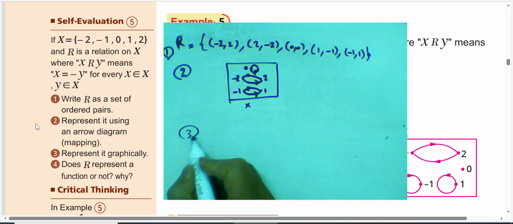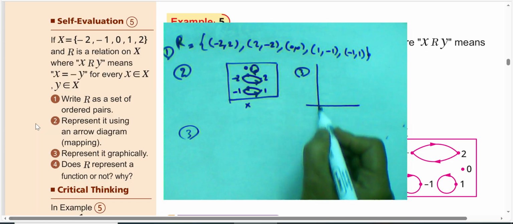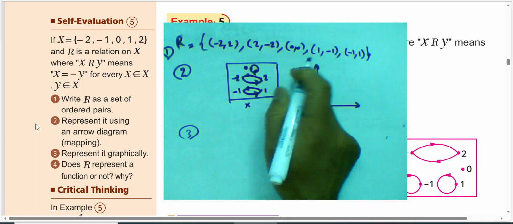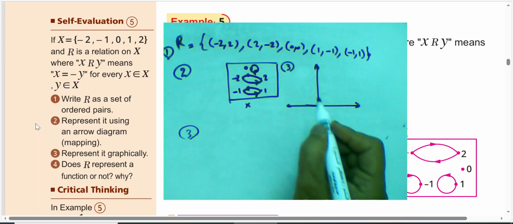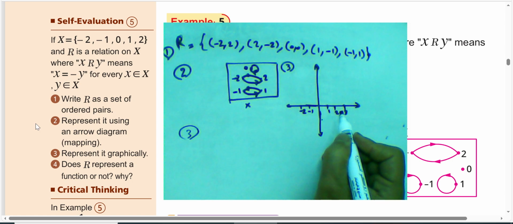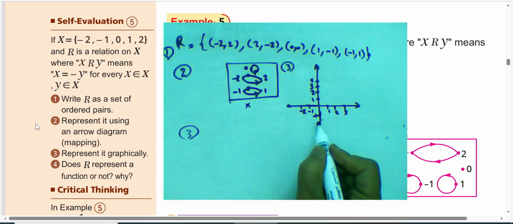Number 3, represent graphically. I will draw here the x-axis and y-axis. We have also negative values: negative 1, negative 2, 1, 2, 3, and on the y-axis negative 1, 2.